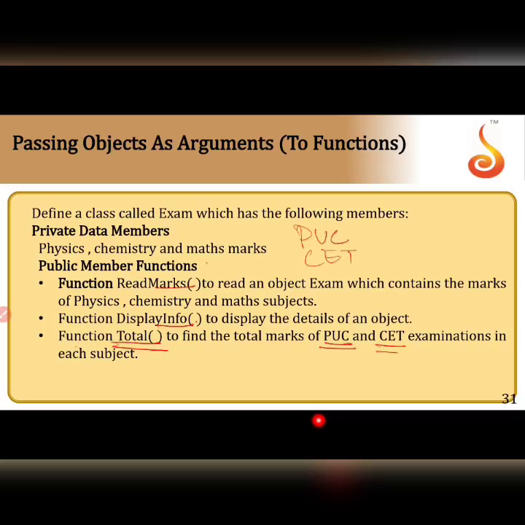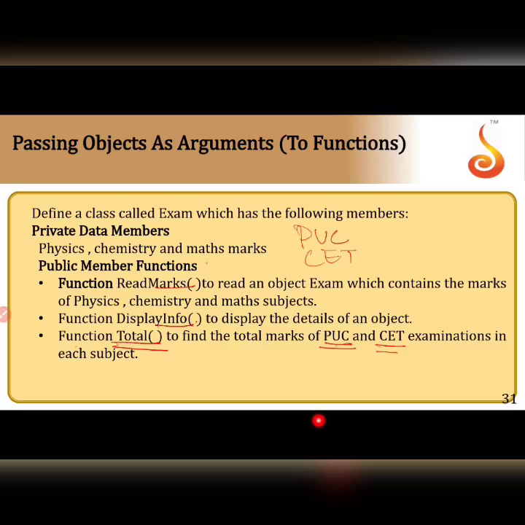That is, I have to create two objects. With object 1, I will take in the values of PUC. With object 2, that is CET, I will take in the values of physics, chemistry, math. And after that, I have to add the marks taken by both the objects of PUC and CET.